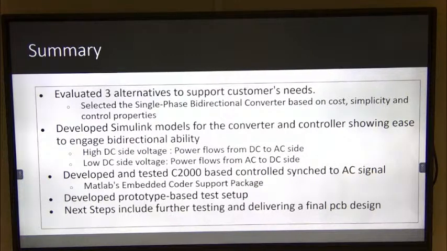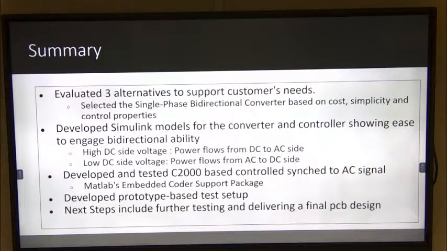We developed simulated models for the converters and controller, and to engage the bidirectional ability, when the DC side voltage is high, the power flows from DC to AC, and when the DC side is low, the power flows from AC to DC. We developed and tested the C2000-based control, synchronized to AC signals, and developed the prototype.